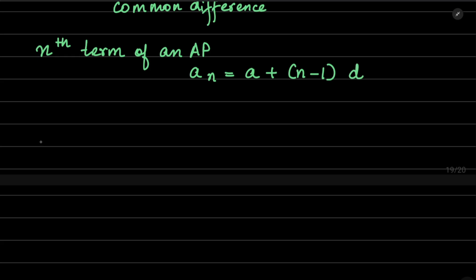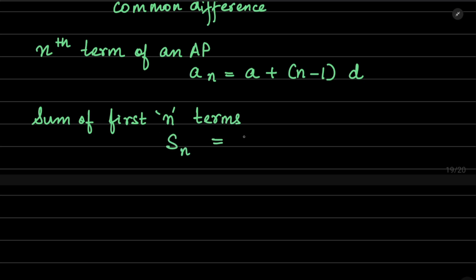And the next one is, what is the sum of the first n terms? That's denoted by Sn, and you have two formulas. The first one is n by 2 multiplied by 2a plus n minus 1 into d.